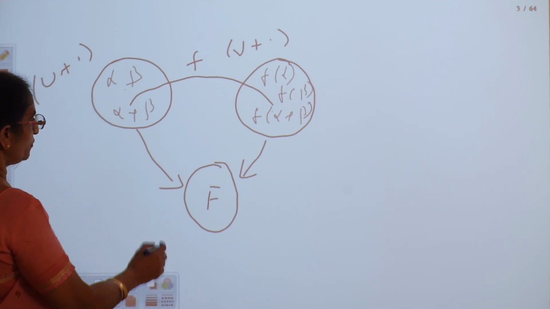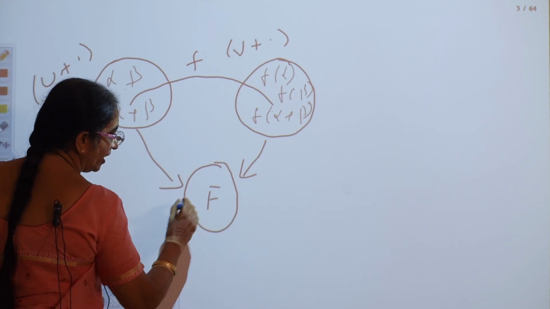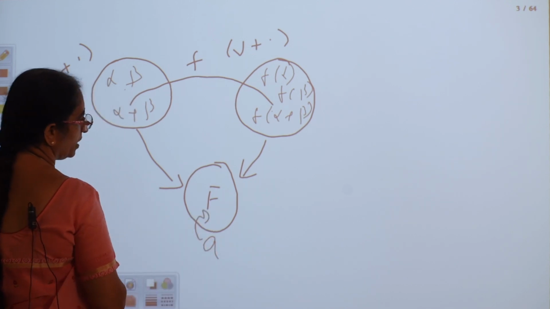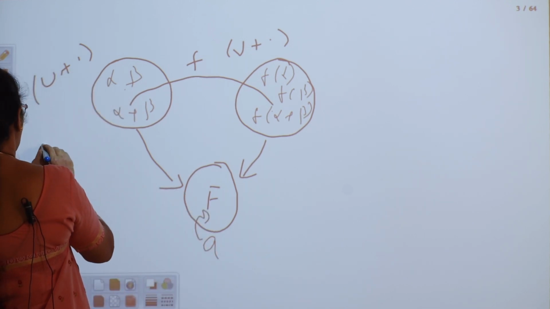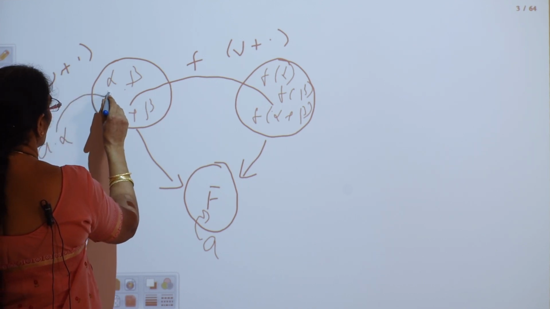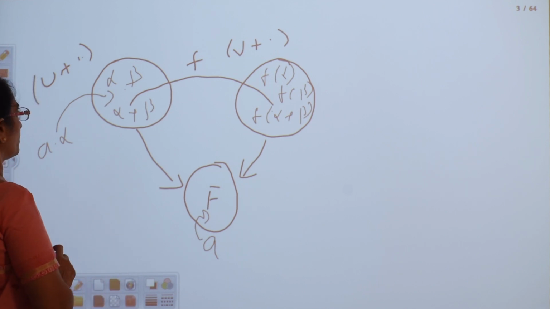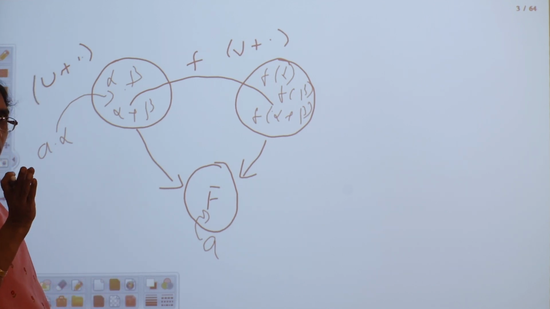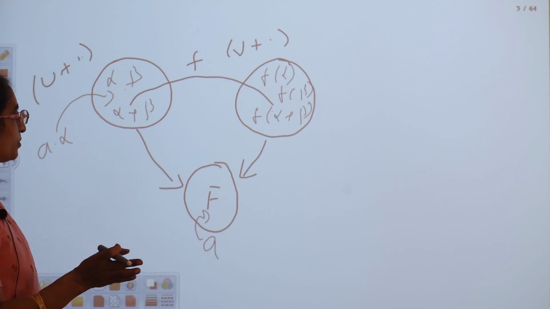Now, F is the field of scalars. a belongs to F. Then a dot alpha will be in U with respect to scalar multiplication, because U is a vector space and is closed with respect to scalar multiplication.